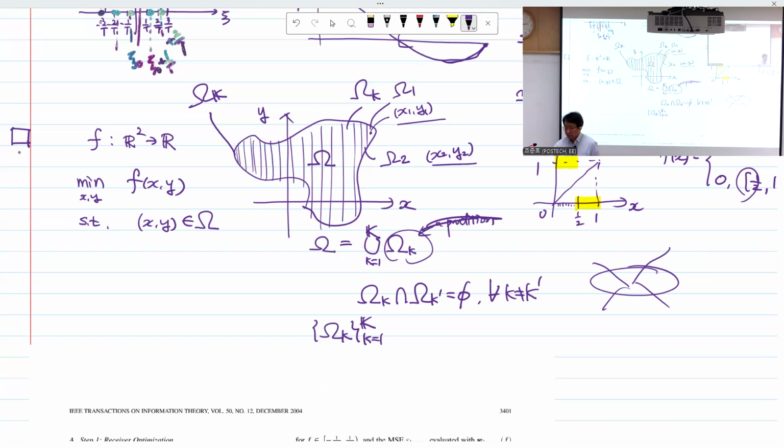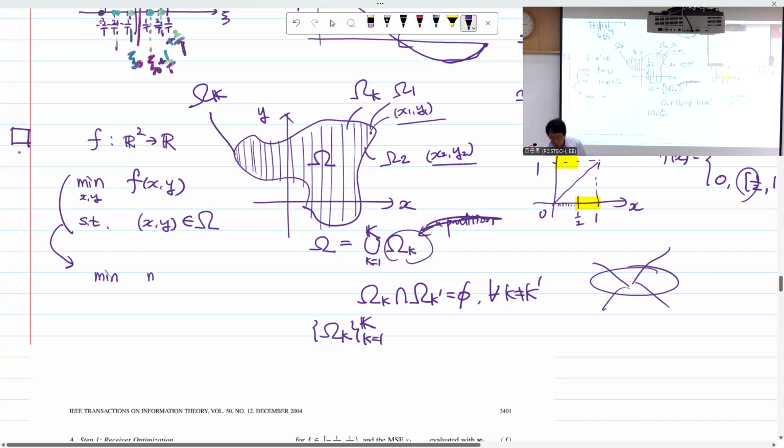So we may rewrite this one in this form. We can either minimize with respect to x first or y first, it doesn't matter.